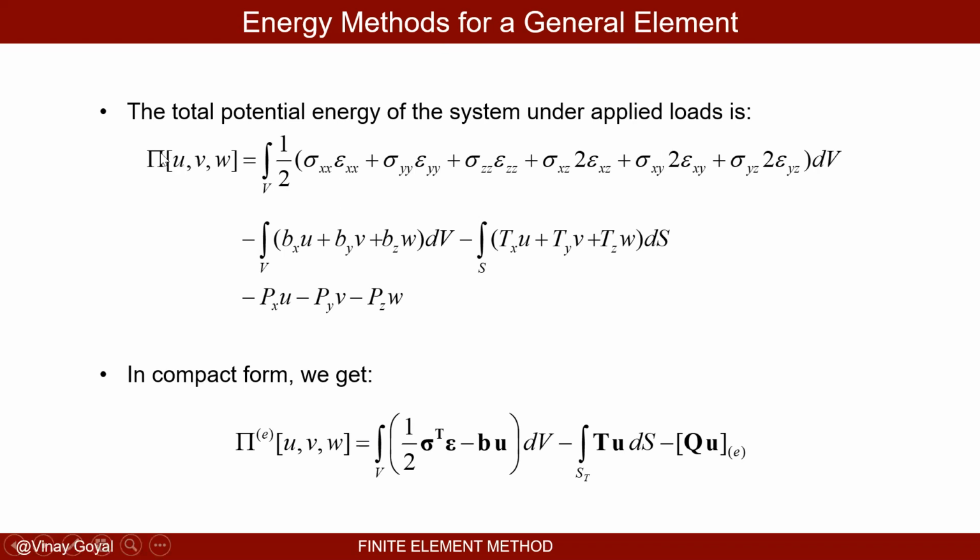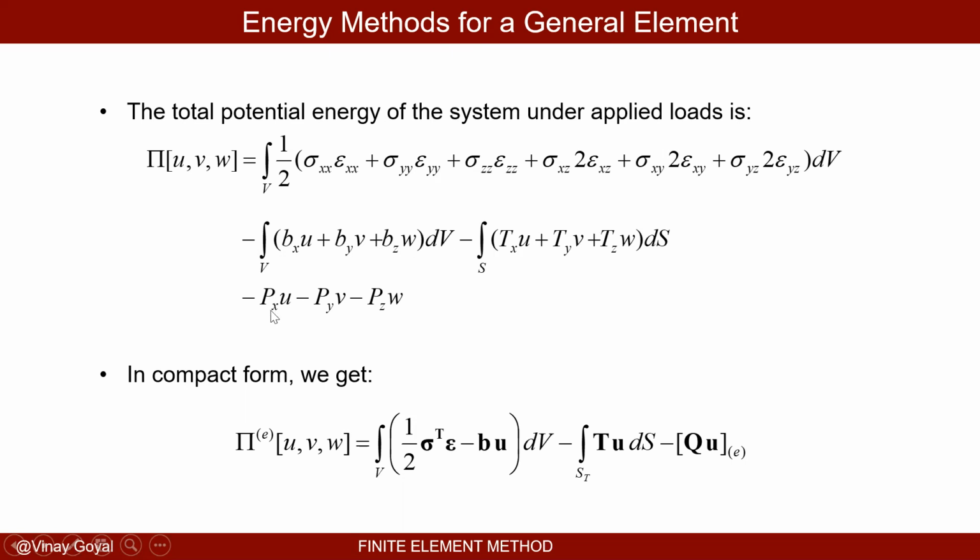Pi is a function of U, V, and W. This is your strain energy of that system minus the potential energy due to body forces, minus the potential energy due to traction forces applied. Basically, you have traction forces applied on the surface, and that's what this integral is over the surface, while body forces are acting on the volume of the material.